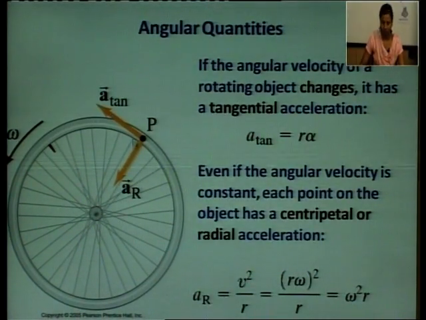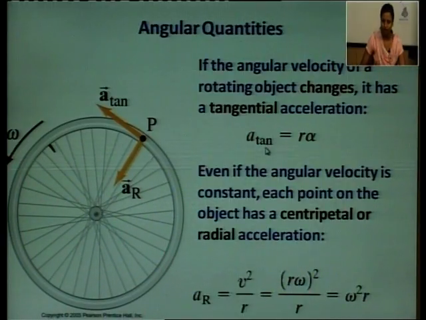So, now we will define what is tangential and what is radial. Radial we already did, same as centripetal acceleration. First we define tangential. We did this expression, the relation between the linear quantity and angular quantity: a is equal to r alpha.